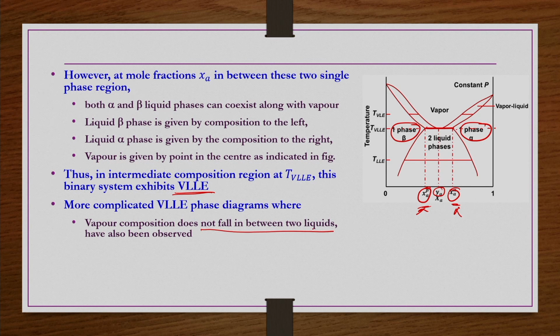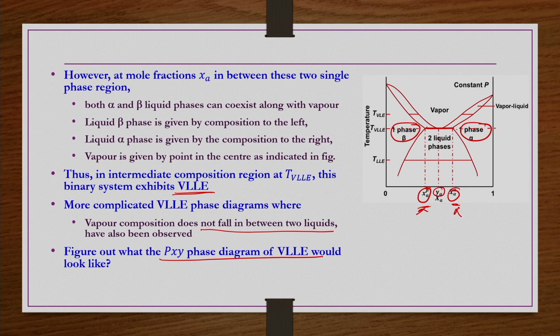We are not going into those details as of now. You can try to figure out what the PXY phase diagram of VLE would look like. However, next class I am going to solve a problem to draw this PXY diagram for that particular problem.